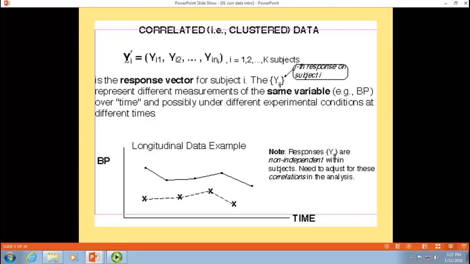Now, if you have this general complication that I'm showing you here, you can still do a correlated analysis. What we're going to describe, how to do it, the models that you could use, and the ways you could set up the data still work for that more general situation.